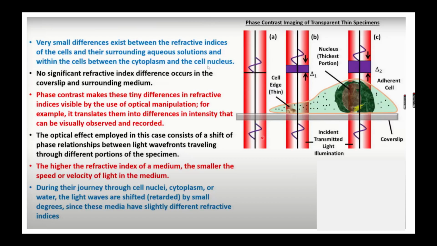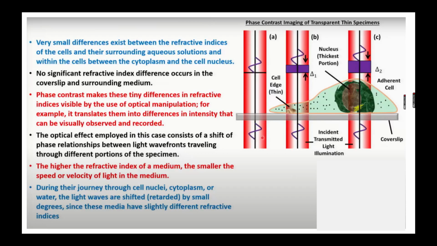Due to the change in the refractive index, a change in phase will occur. No significant refractive index difference occurs in the cover slip and the surrounding medium, but when we use a biological sample, the refractive index will change. So phase contrast makes this tiny difference visible by the use of optical manipulation. For example, it translates them into differences in intensity that can be visually observed and recorded.